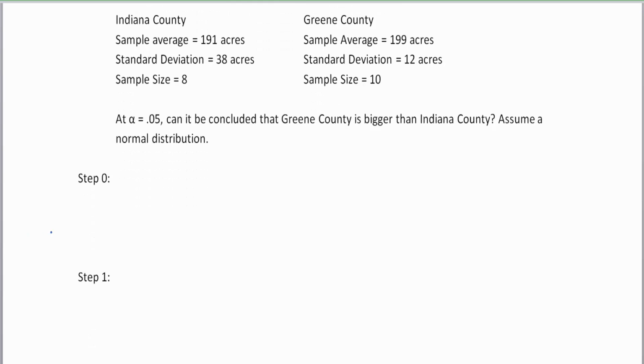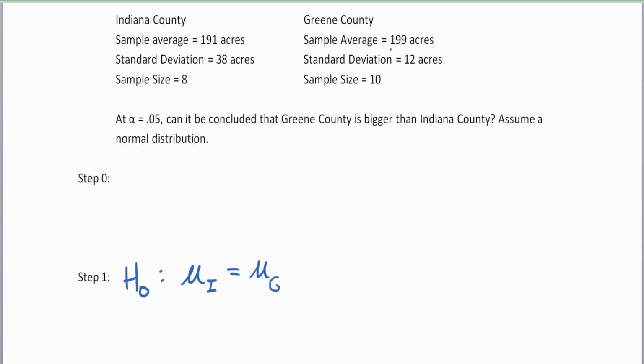Step 1, we can basically look at this sentence here at a 5% alpha. Can it be concluded that Greene County's farms are bigger than Indiana County's farms? So this sets up our null and alternative hypothesis. So here's our null, and our null hypothesis is going to be that the average of Indiana is the same as the average of Greene County.